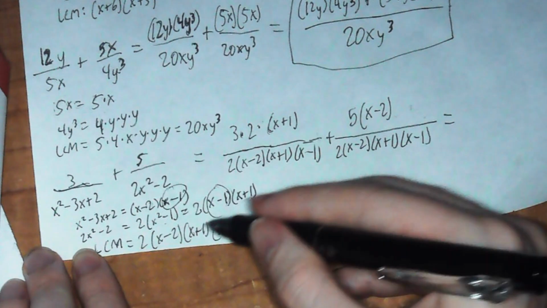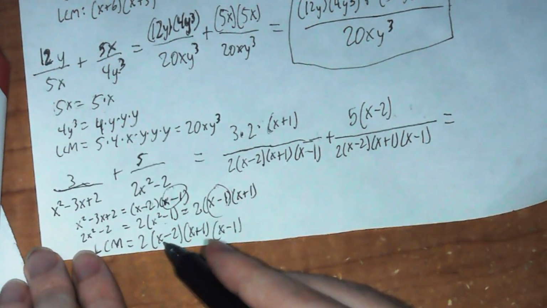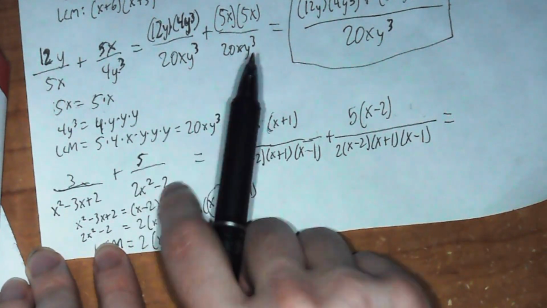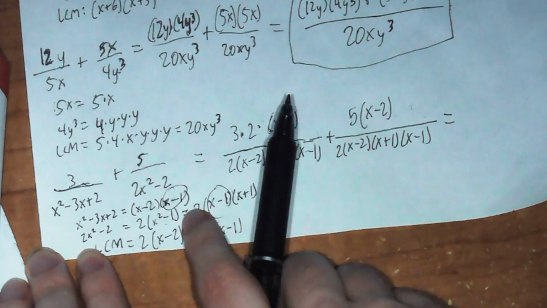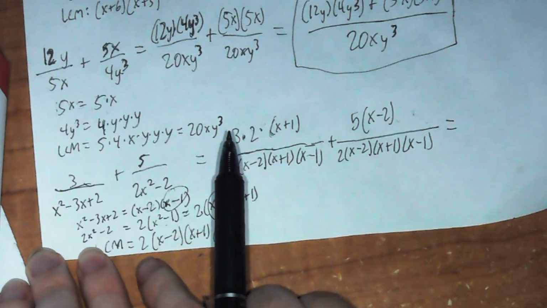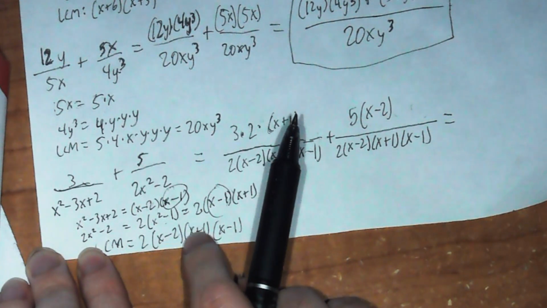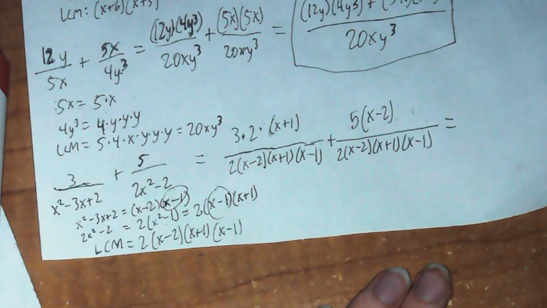All we're left with is the x minus 2. So because this denominator here, 2x squared minus 2, factored into these 3 parts, the only part that isn't in this denominator, that's in the LCM, is the x minus 2. So that's the only thing that we have to multiply the numerator by.